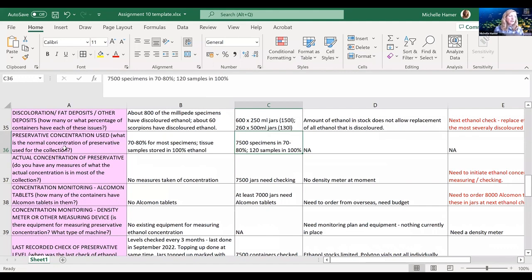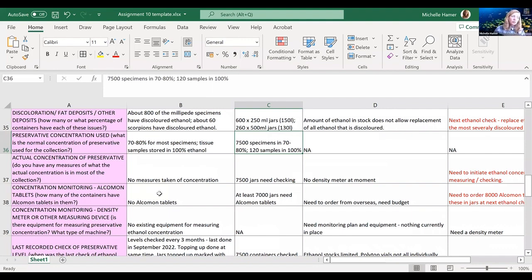So those Alcamon tablets that we showed, I think a lot of institutions have got now, where you put the orange and the red tablet into a bottle, into your jar, and then when it reaches, I think it's 60%, the orange one pops up, and when it gets below 50%, the red one pops up. So at least you can tell when the concentration is getting low and when it's critically low. That's the concentration, but it doesn't tell you exactly what the concentration is.